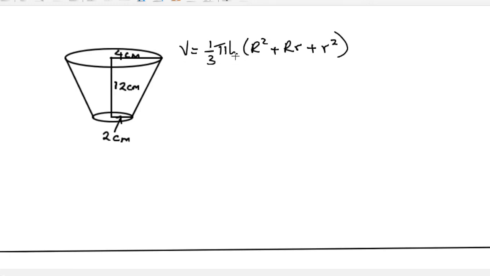Now, this value of h that we are using here is not the height of the cone, but rather it is the height of the frustum. Like in this case, now it is 12.